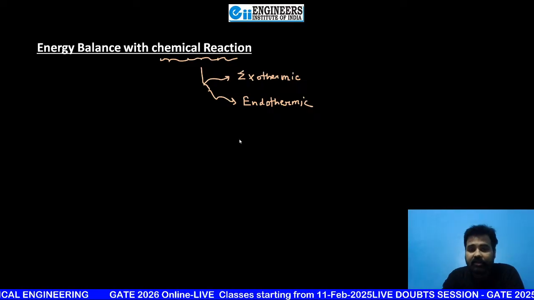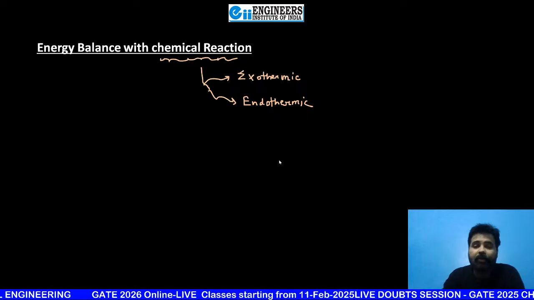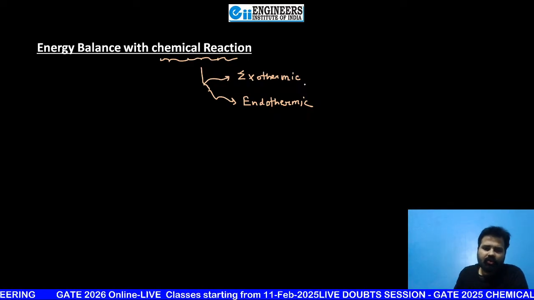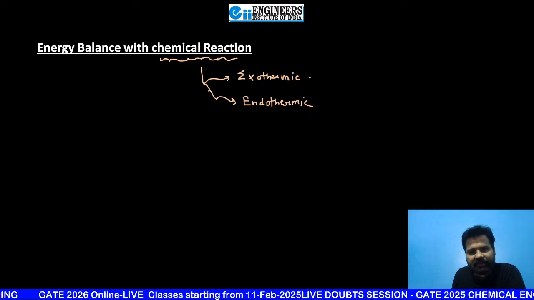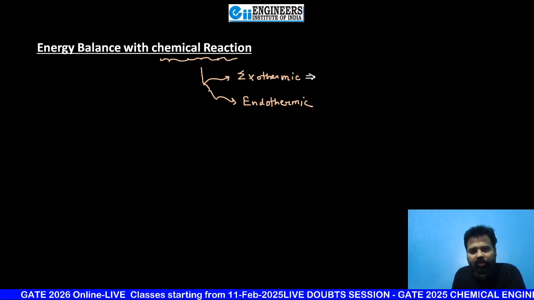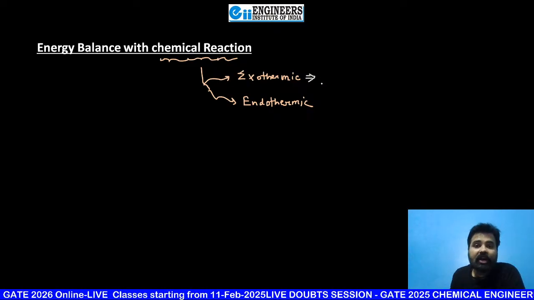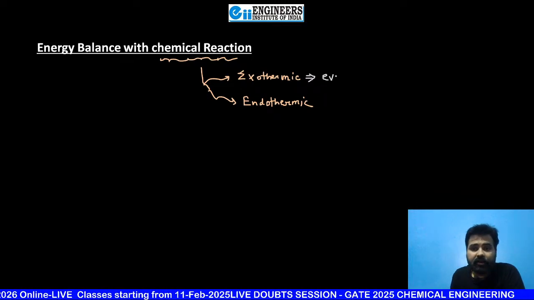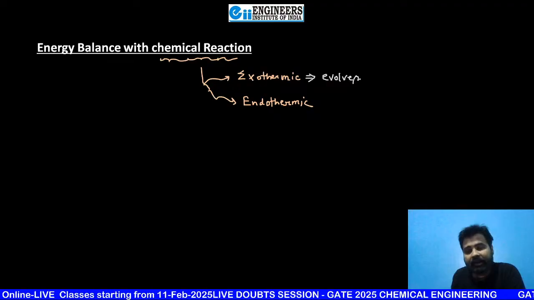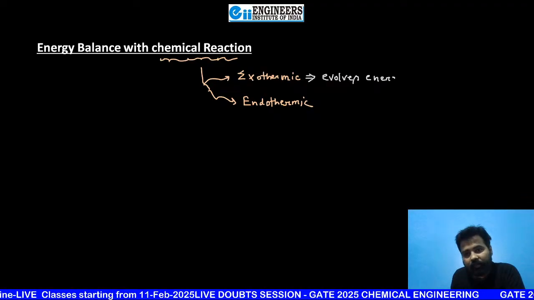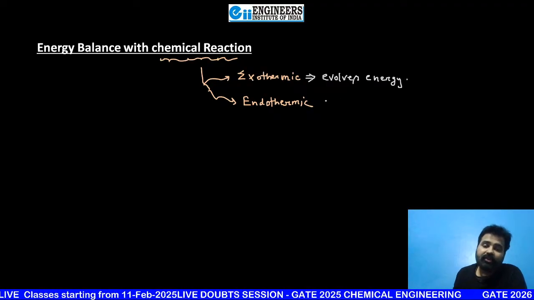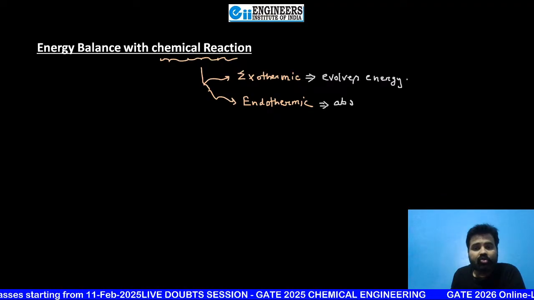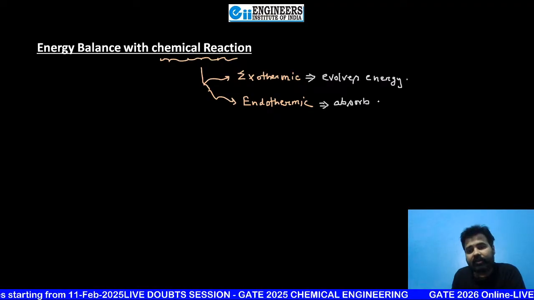And as this is your first subject for preparation of GATE 2026, don't worry if you don't know, I am giving details of exothermic as well as endothermic. Exothermic reactions are ones which evolve energy, whereas endothermic is one which is going to absorb energy.